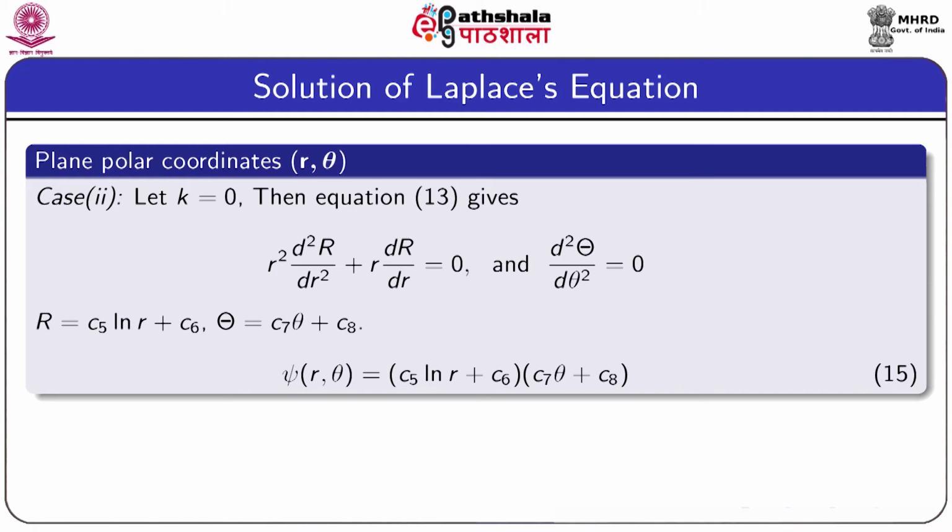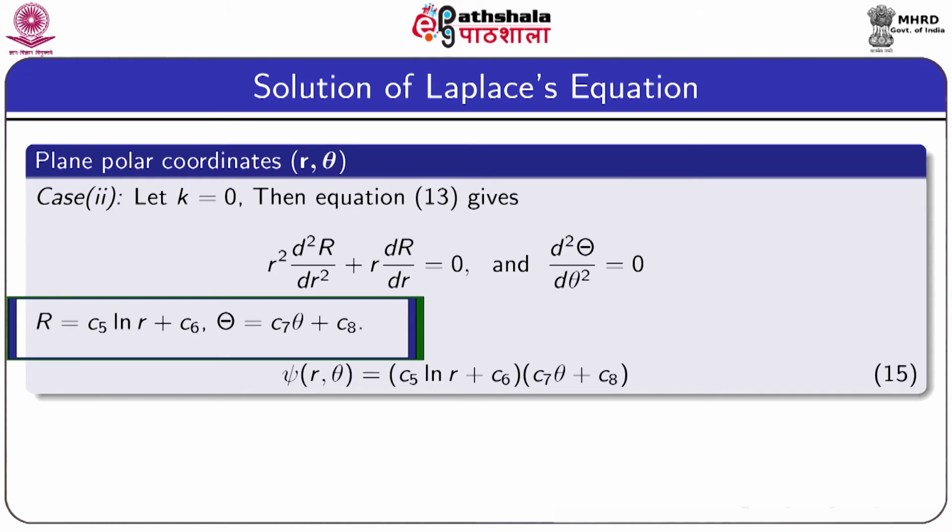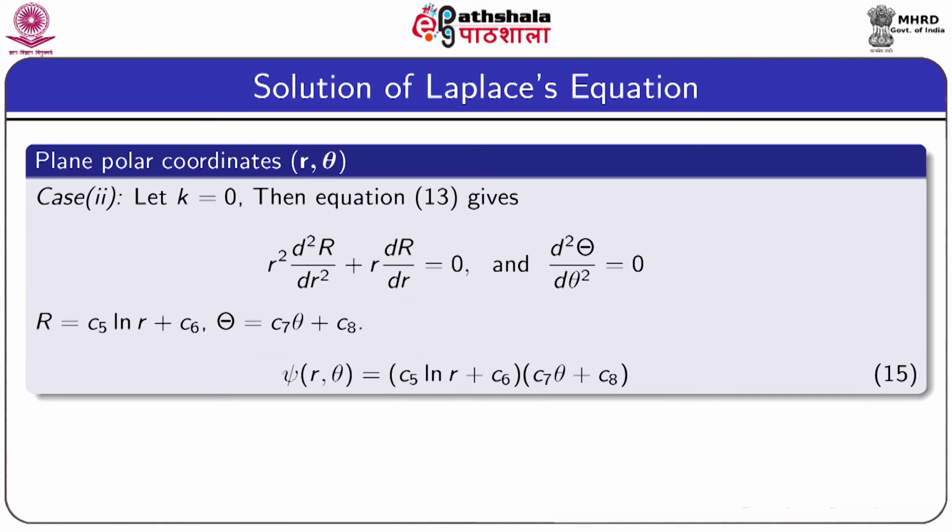In a similar way we can prove that the expression for capital R is C5 log r plus C6 and theta is C7 theta plus C8, and consequently psi becomes C5 log r plus C6 into C7 theta plus C8.